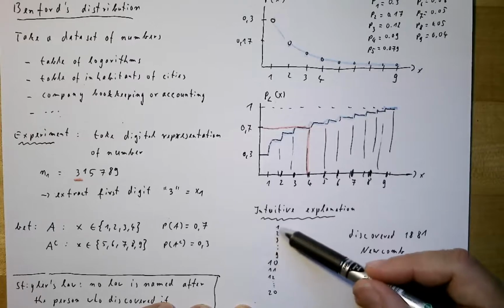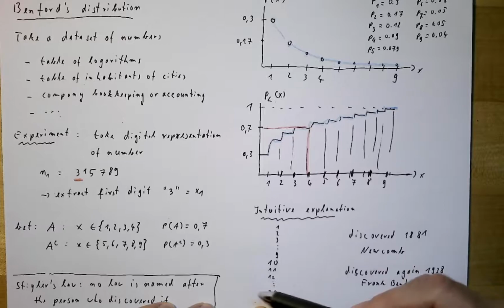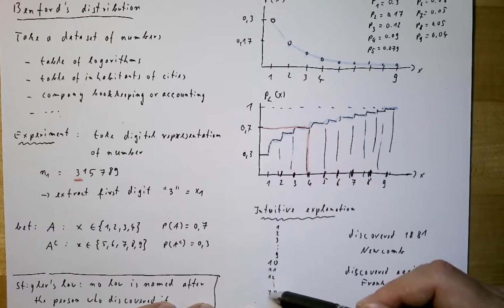If you write down the first 20 numbers and then stop, you see the digit 1 appeared quite a bit more often than the other digits. If we continue, we would have a lot of 20s, so the digit 2 would also appear quite often.